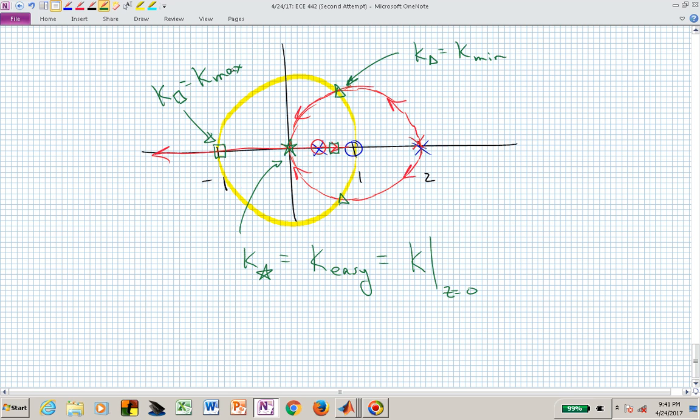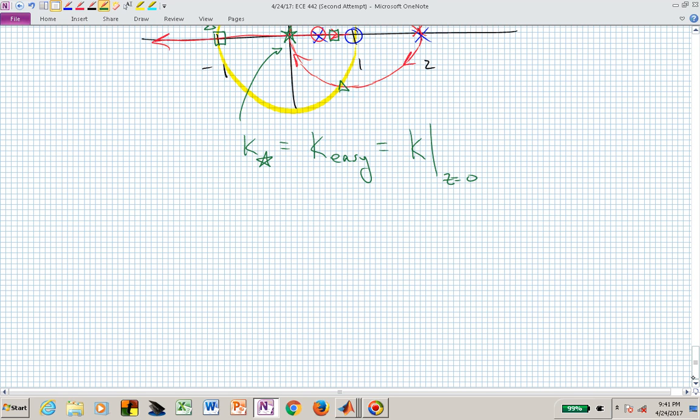for the gain k. If we remind ourselves what we started with, we had a plant, g of z, that was z minus 1 in the numerator. We had z minus 1 half and z minus 2 in the denominator.